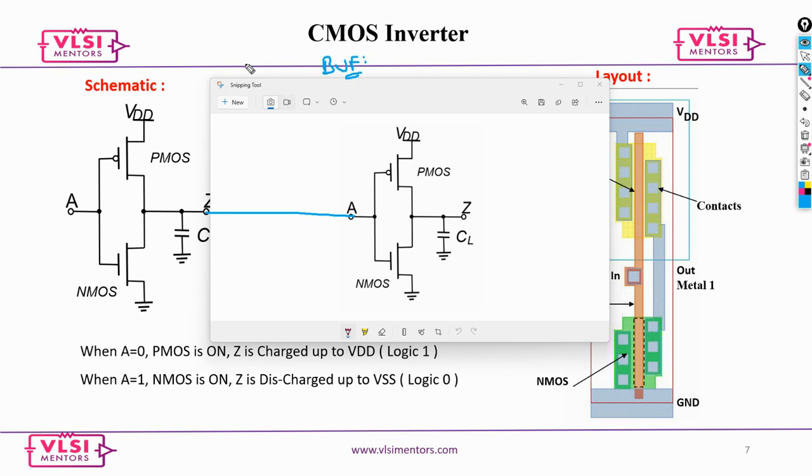So you have a first inverter, and then another inverter. Your first level is an inverter, and the second level is again another inverter. So this is how you design a buffer.